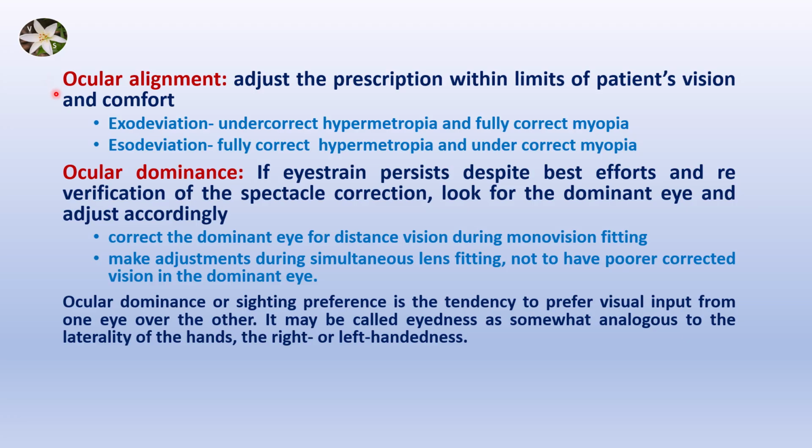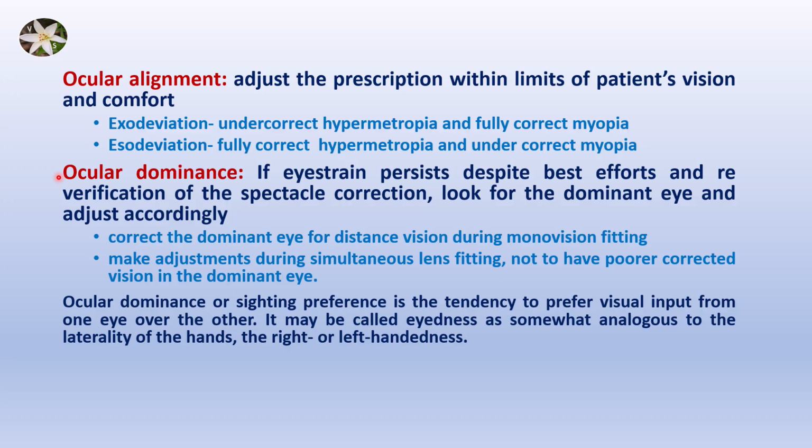Therefore, in exodeviation, we undercorrect the hypermetropia and fully correct myopia, whereas in esodeviation, we fully correct hypermetropia and undercorrect myopia.